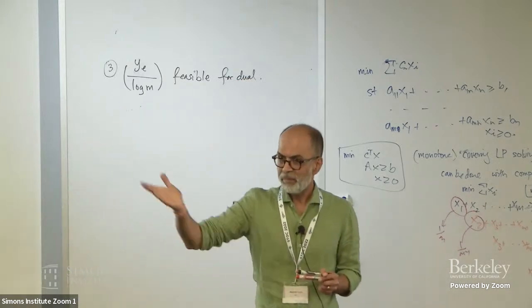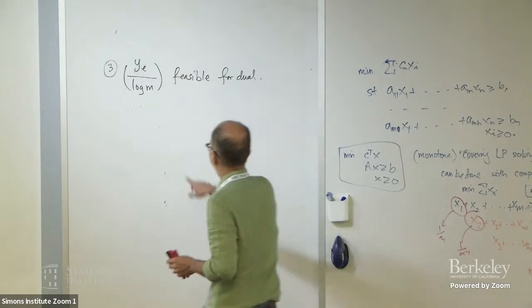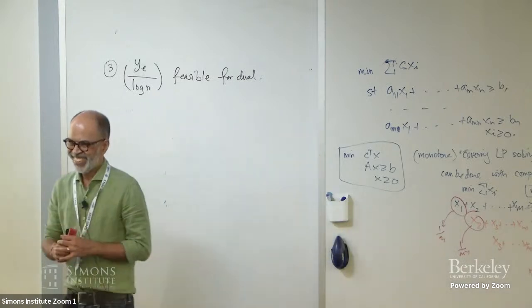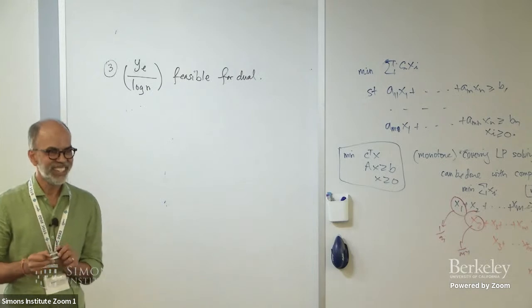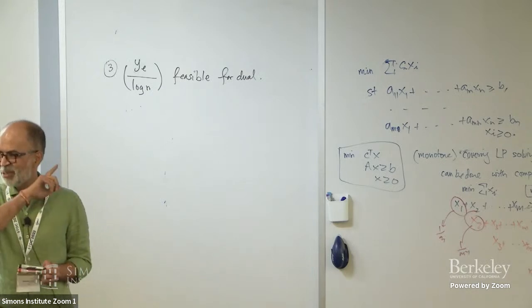So I'm losing a log n factor. Log n, thank you. M's and n's keep colliding.